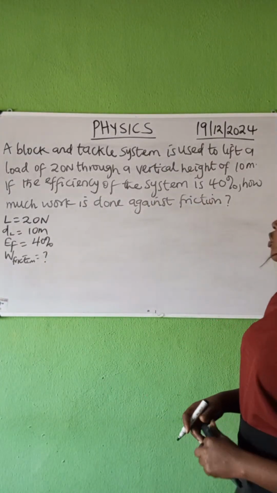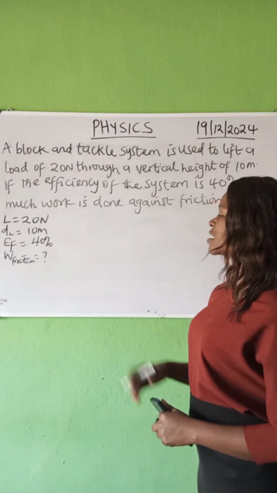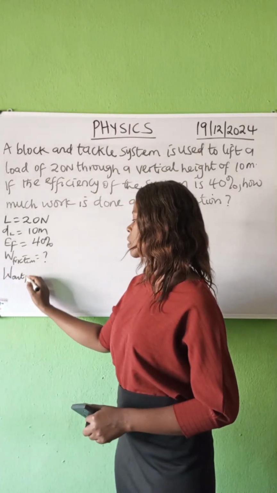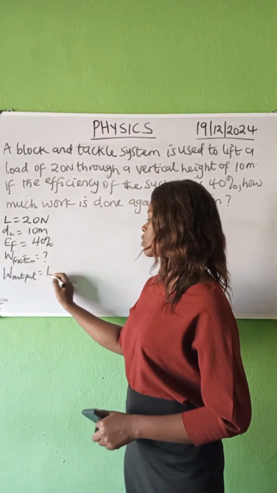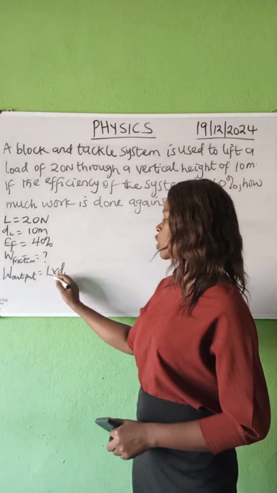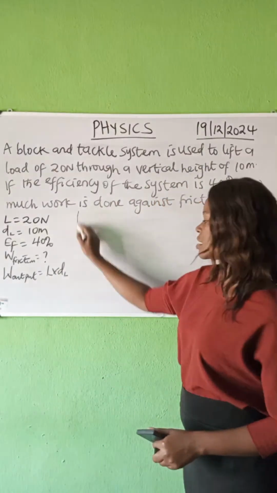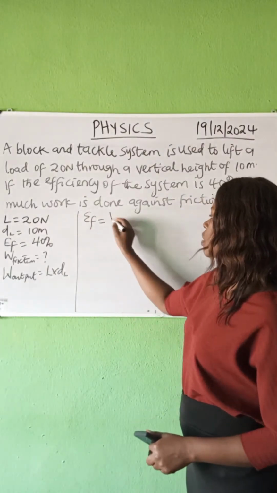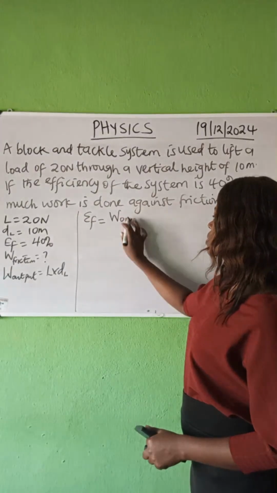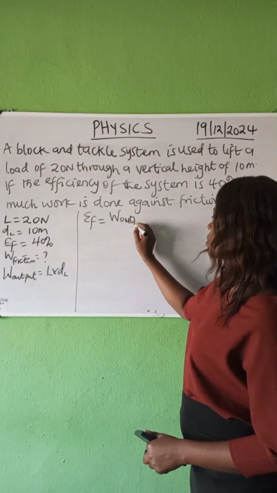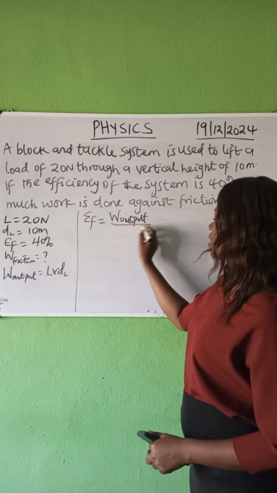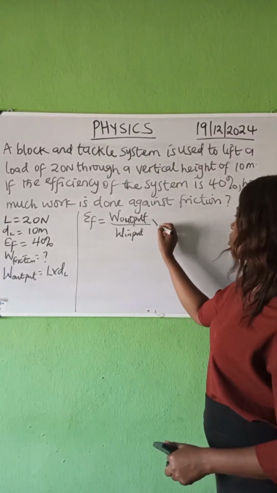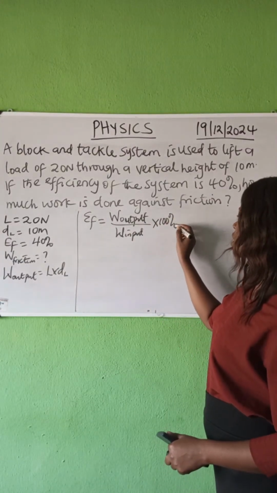Now, how do we get this? The first step is for us to get the work output. I tell you that the work output is equal to load multiplied by distance moved by the load, right? Then using the efficiency formula, efficiency is equal to work output divided by work input, then multiply by 100%.